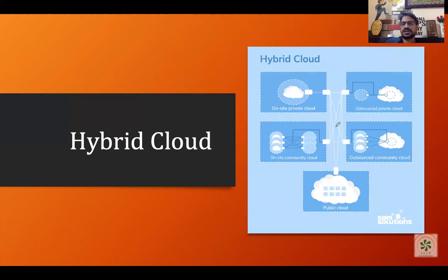Then we have another cloud which is called hybrid cloud. As I told you, the hybrid cloud is a combination of public and private. The private cloud may be inside the premises, or it may be outside the premises, but it is private. Pooling of resources is there, but outside people are not using that particular hardware.